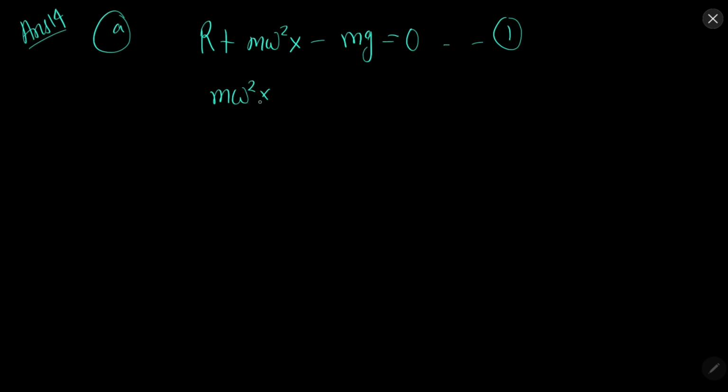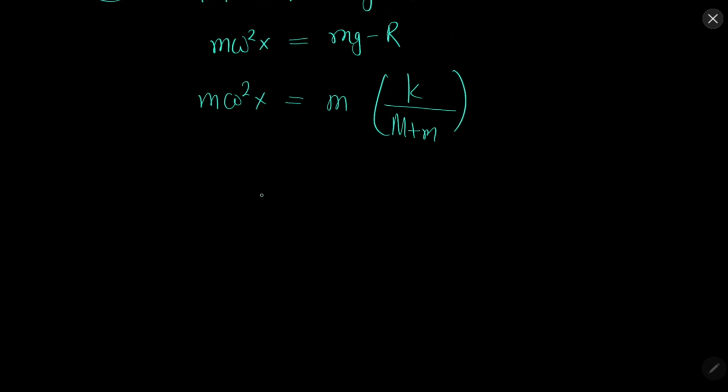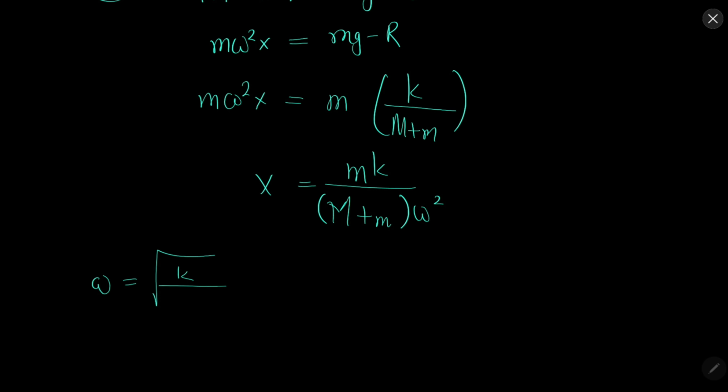So resultant force will be mg minus R, M omega square x, which is also equal to m k over M plus m times x. This is because omega square is k over M plus m.